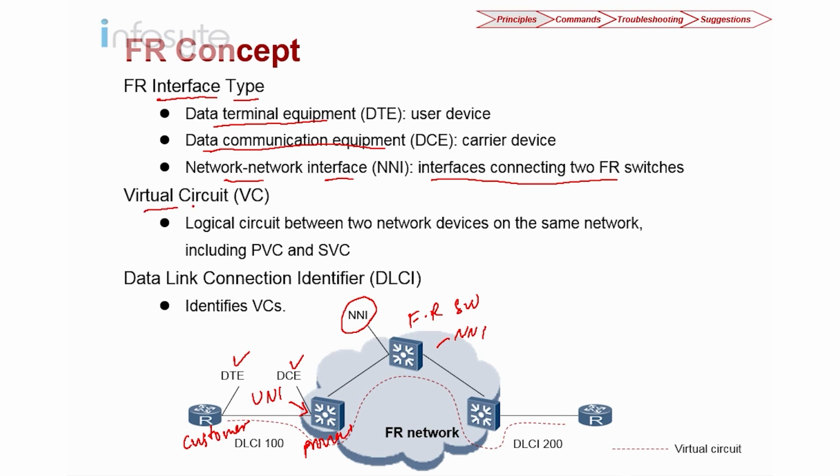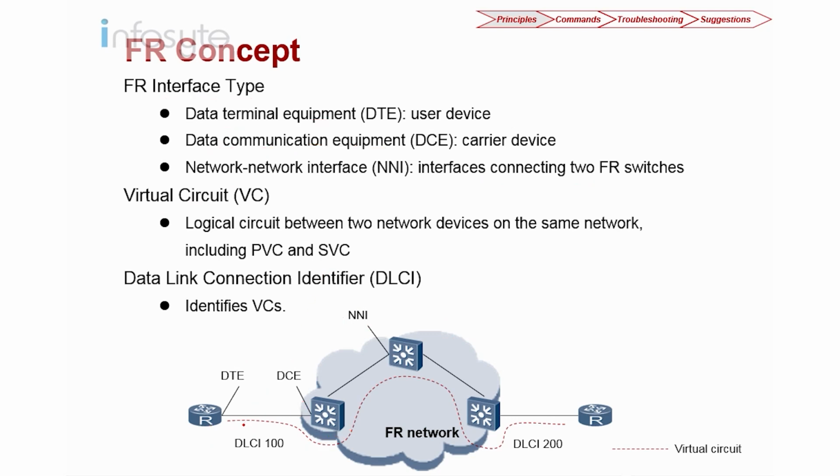Next, we look into what we call a VC, or virtual circuit. You can see that the dot here is the virtual circuit. This is a logical circuit between two network devices on the same network. In the virtual circuit, we have the PVC and the SVC. Most of the time, we are using a permanent virtual circuit and not a switched virtual circuit.